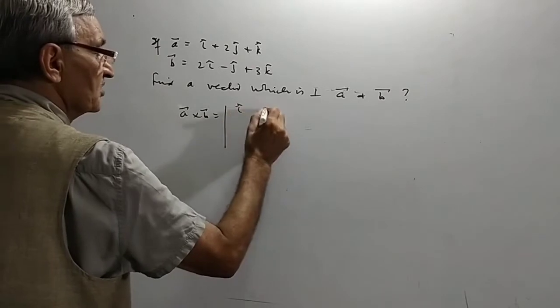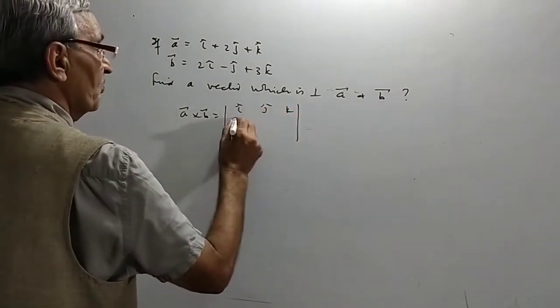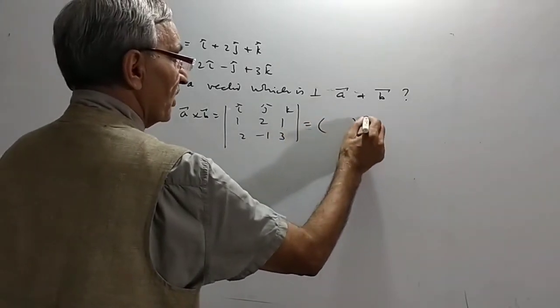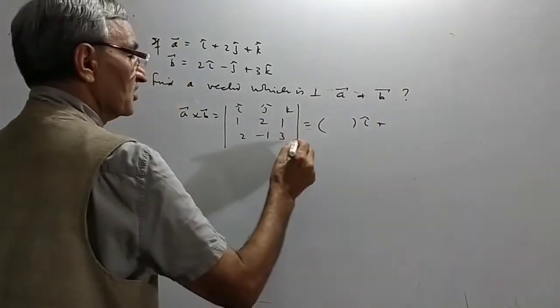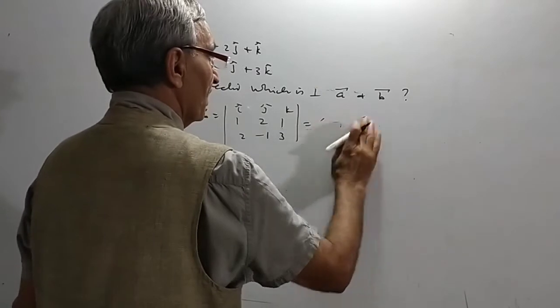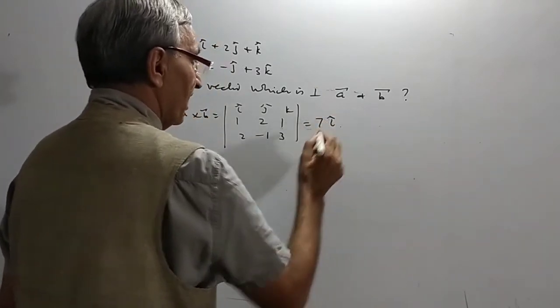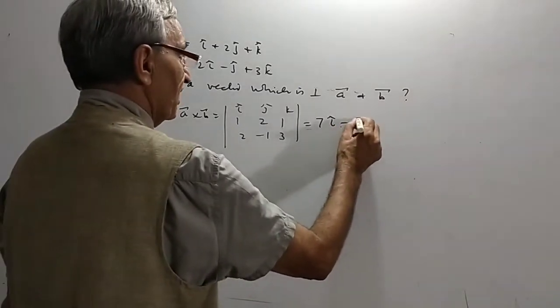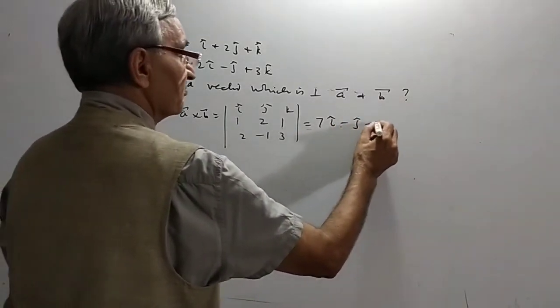It is i j k, 1 2 1, 2 minus 1 and 3, equal to i times (6 plus 1), this is 7i.